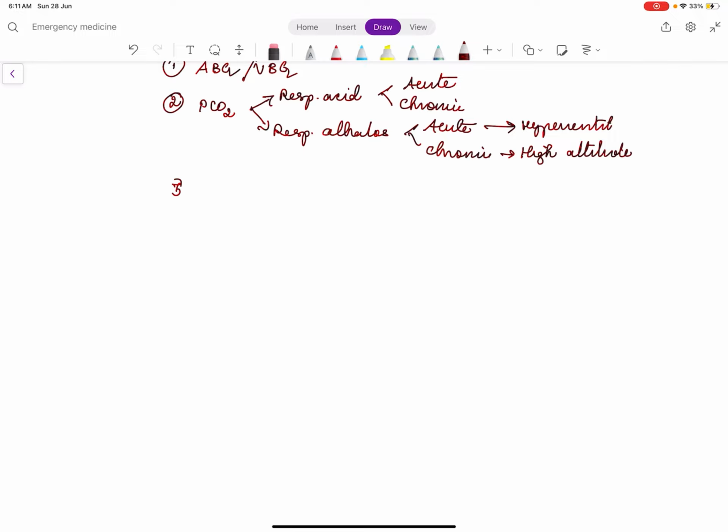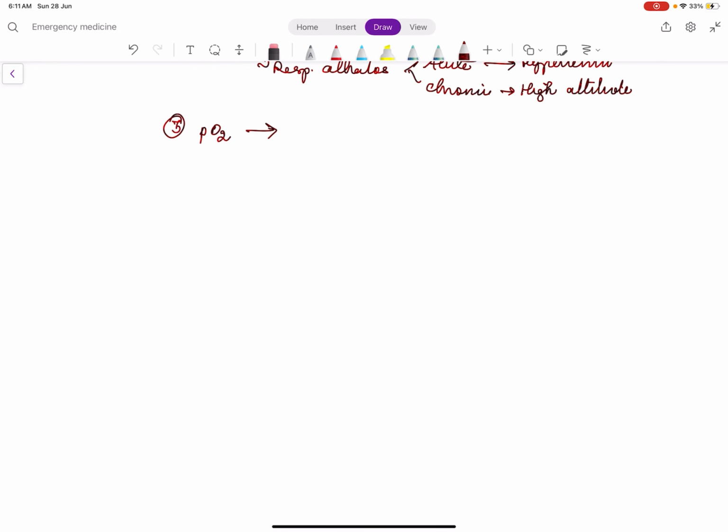And third, we discussed PO2. When PO2 is low, it is hypoxia. How to quantify hypoxia in ARDS is by the PF ratio or SF ratio. PF ratio less than 300 means ARDS. SF ratio less than 315 means ARDS by criteria.